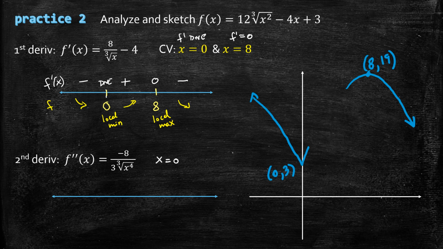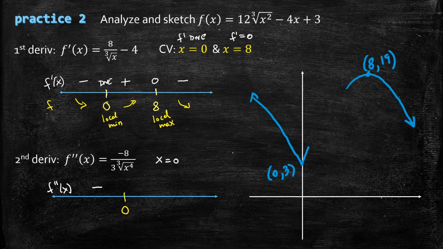So that is what we are going to put in the middle. That's the only value of x about which it's possible that the concavity will change. And we take a value to the left of that, so pick a value, -1. If you plug that in, it will come out to be negative.